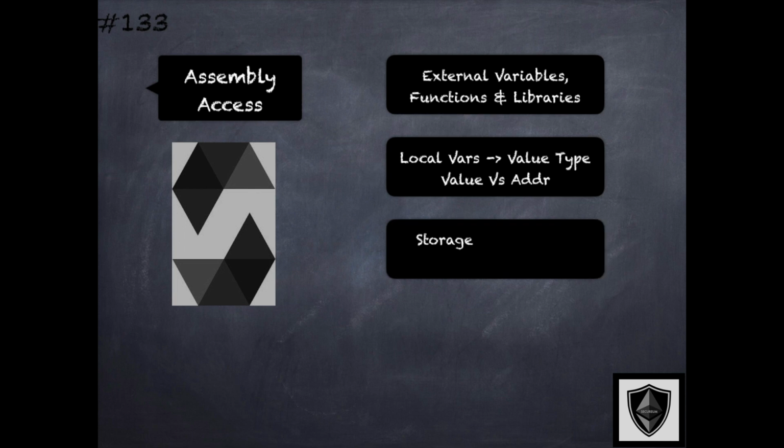For local storage variables or state variables that are also allocated in the storage, a single Yul identifier is not sufficient, because recall that storage has a concept of packing where multiple variables can share the same storage slot. Therefore, their address is in two parts. It refers to the slot and the offset within the slot.